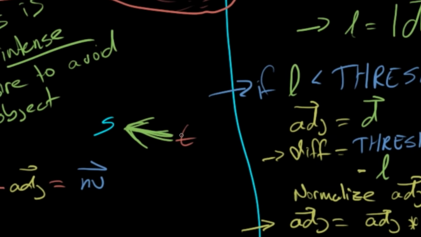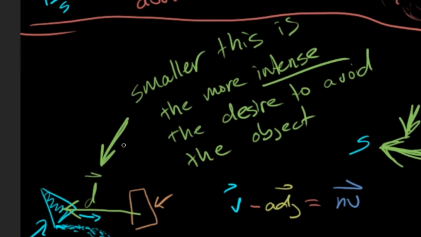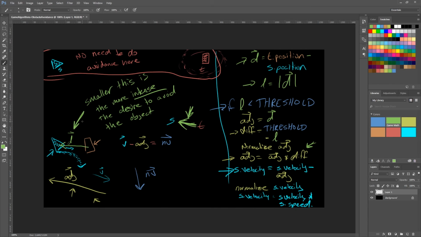We do that in order to calculate the intensity we need to push back by. The smaller the length of our distance vector, the closer we are to our object, which means we need to push back very hard to avoid the object.